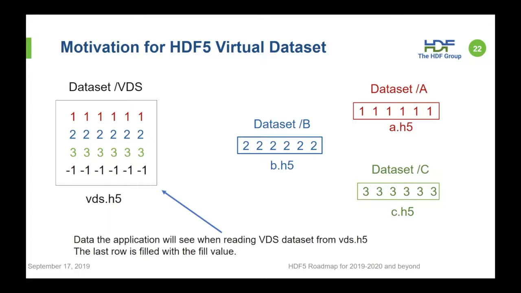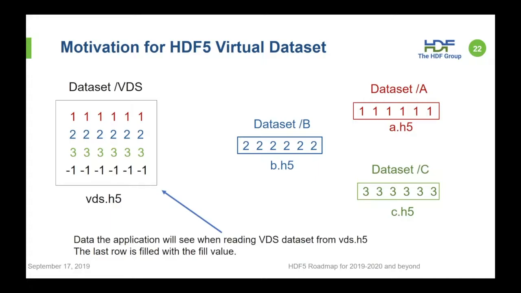How many people in the audience do not know what a virtual data set is? Okay, so then this is probably an appropriate slide. We were asked, listen, we're gathering data, we cannot write a lot of data through one channel. What we can do, we have several channels that can write data. For example, on this slide, I'm creating data sets A, just a vector of 6 elements, B and C. And I present this data as a two-dimensional matrix, 4 by 6, where one row is missing, so it should be fill values.